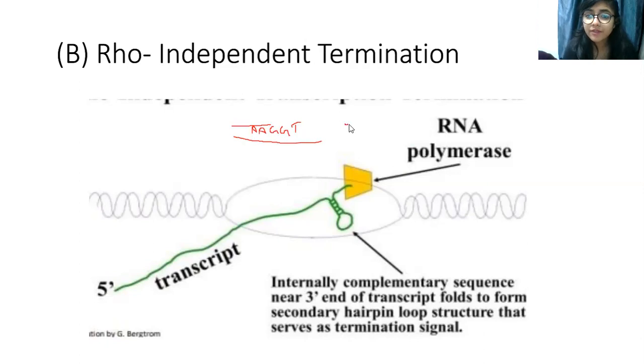Here you will have T, G, G, A. So suppose this is transcribed. These two sequences are transcribed. What will you get?